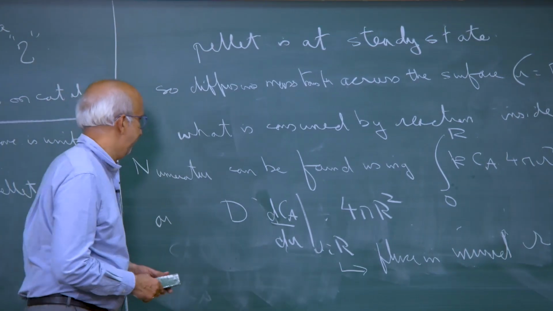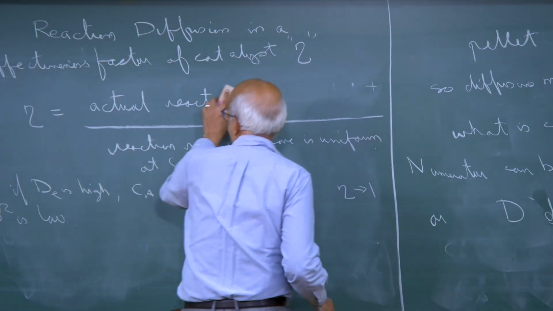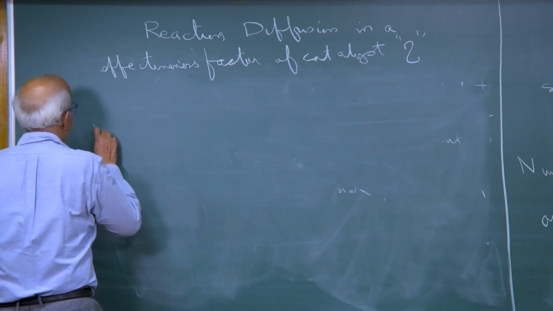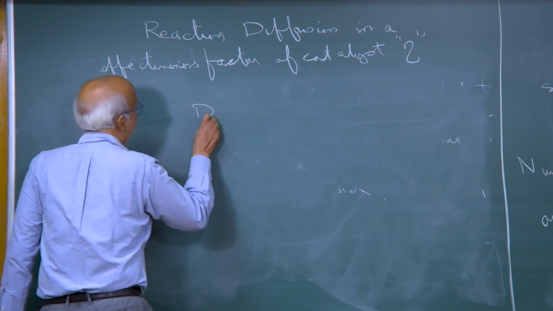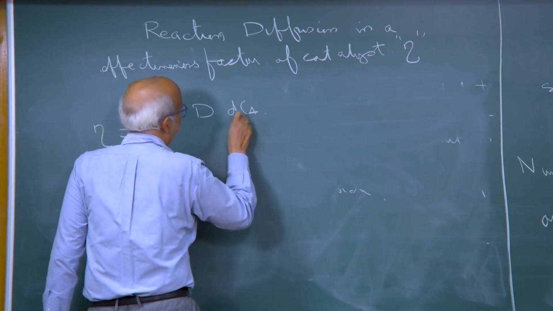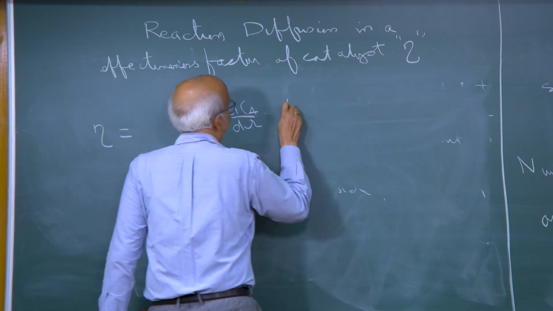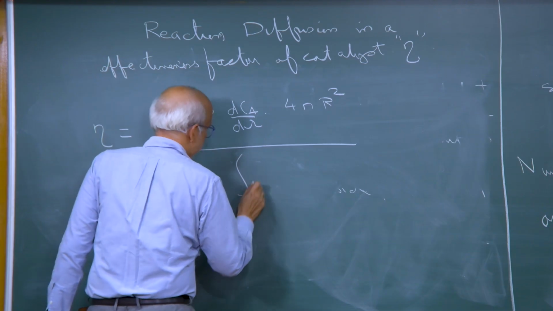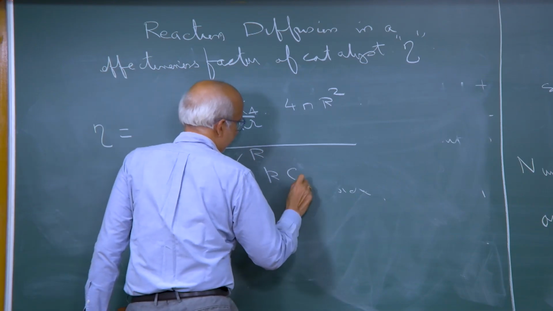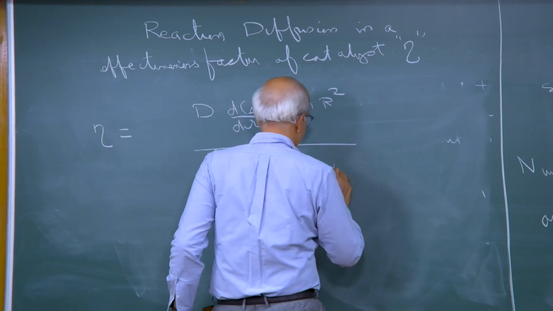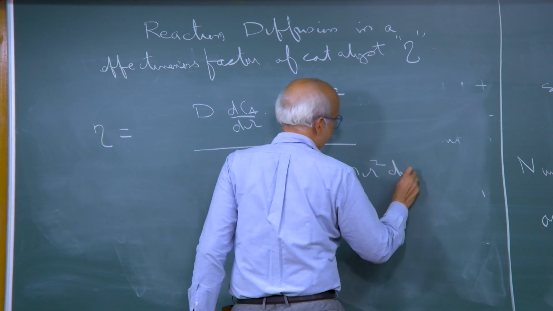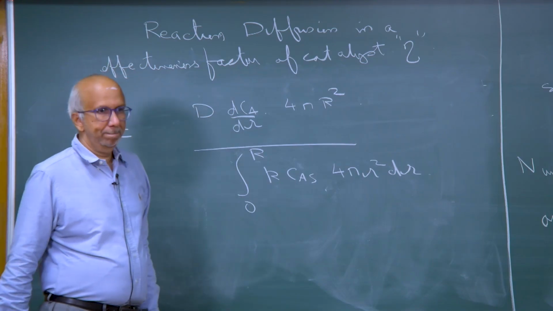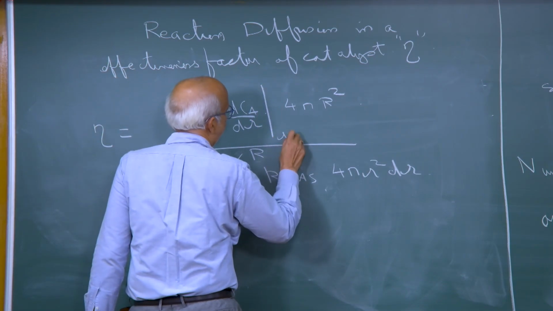And so, I will now write eta as D dCA by dr, all dimensional now, multiplied by 4 pi R squared, divided by the integral 0 to R of k CAS times 4 pi r squared dr. And this flux is evaluated at r equals capital R.